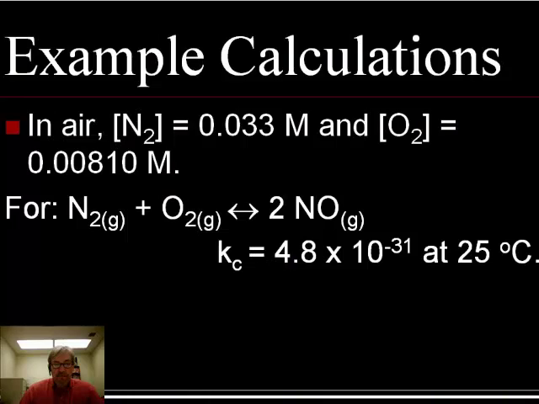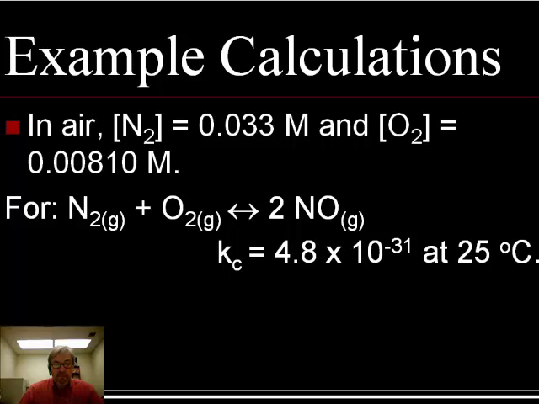So now we have the concentrations of all products and reactants at equilibrium. This problem says in air, the concentration of nitrogen is 0.033 molar, and the concentration of oxygen is 0.00810 molar. In atmospheric air, these are actual values at 25 degrees C. So there's a reaction that can occur between nitrogen and oxygen and produces nitrogen monoxide.